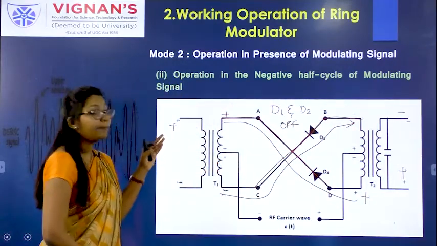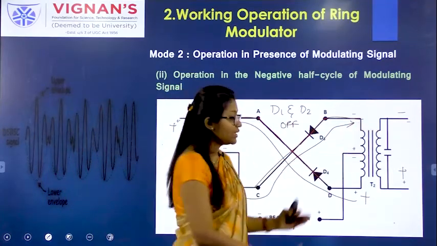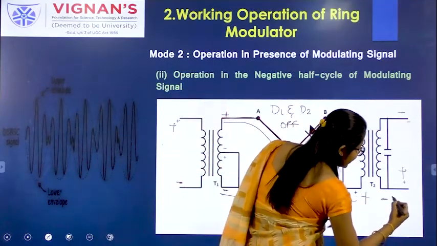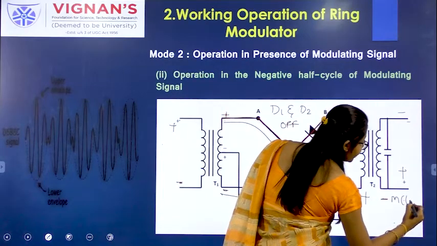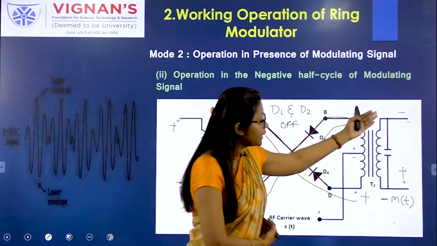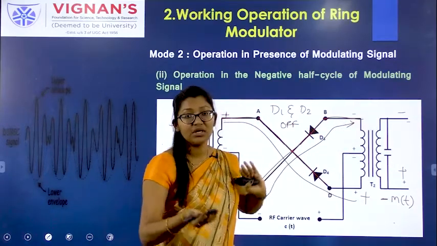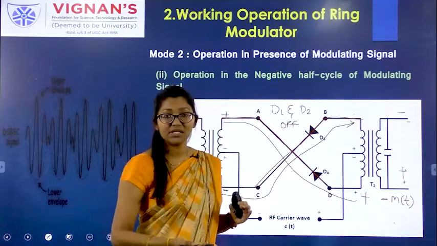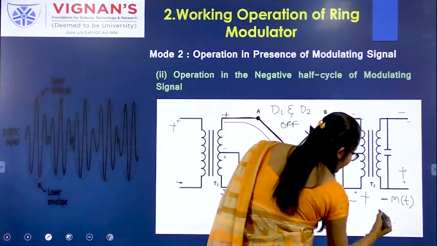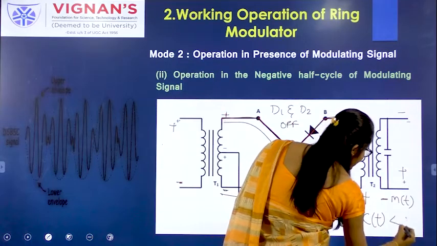As we are giving plus minus, it appears as minus plus. That means there is a reversal, minus m of t. As you are giving plus m of t, you are getting minus m of t. Minus plus means there is a sign change in your message signal. So minus m of t, when C of t is less than 0.